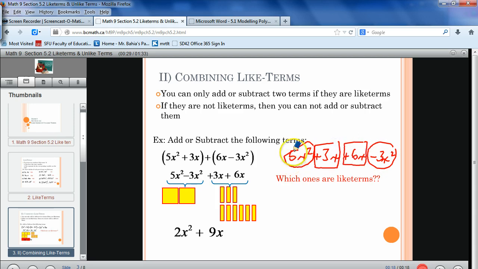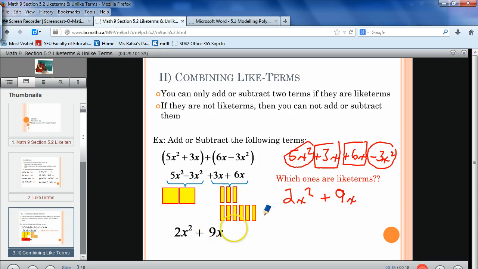We just put them together. We read it together. I know it's not a very good circle, but 5x squared minus 3x squared, 5 minus 3, 2x squared. That's an ugly 2. And then here, 3x plus 6x. 3 plus 6 is 9, so it's just 9x.